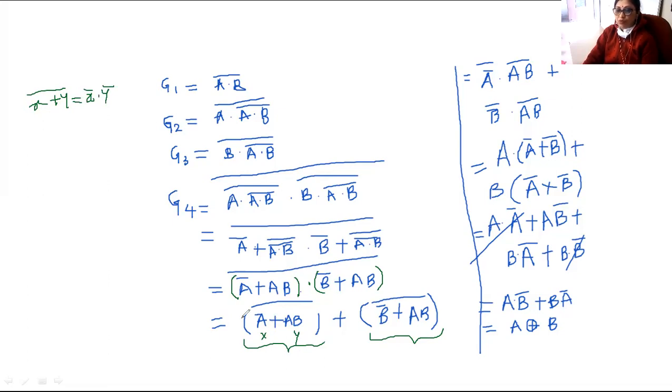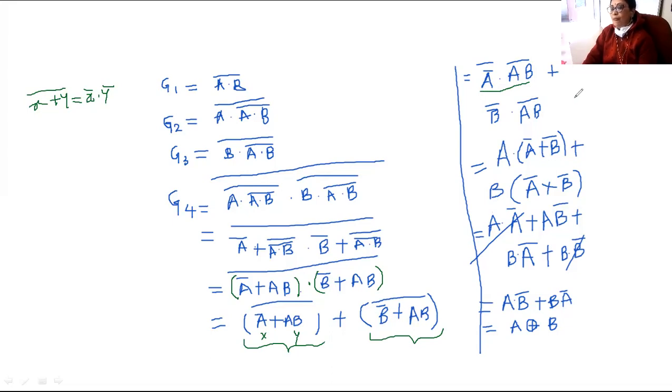Okay, so we want to solve this equation, this particular bracket. Okay, so x bar means A bar चा bar dot AB, y म्हणजे AB आहे, y चा bar म्हणजे AB bar. So here you will get A bar bar dot A dot B bar plus similarly here you will get B bar bar dot AB bar.